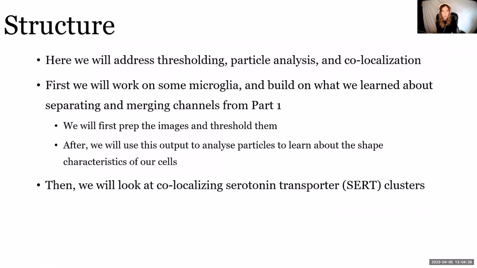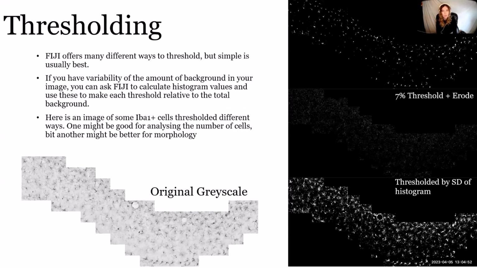First, we're going to prep the images and threshold them, and then afterwards, we'll use this output to analyze particles to learn about the shape characteristics of our cells. Afterwards, we'll do a different example, looking at colocalization of serotonin transporter clusters, which is from a problem that we worked through with someone from the Crucial Lab at UVic through Data Champions, which is a really cool program.